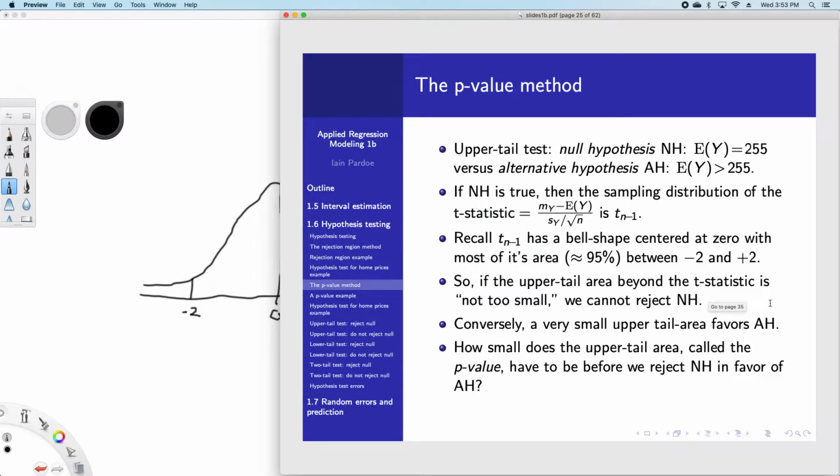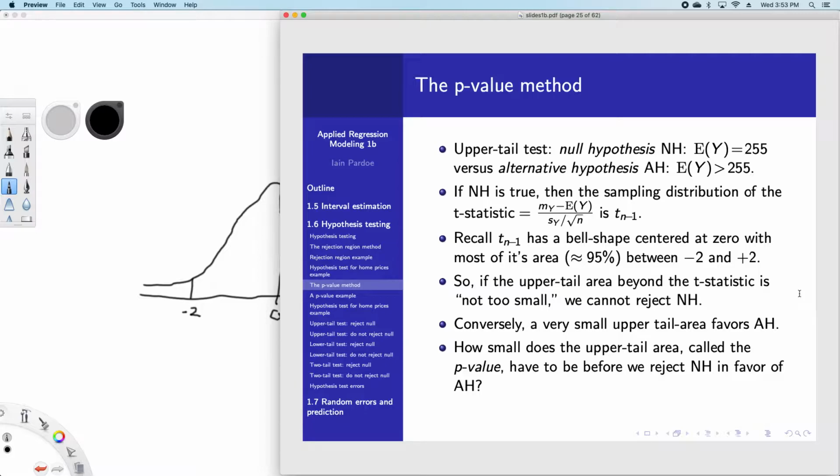And in this case, we are going to think about the tail area beyond the test statistic. And the idea is that if that test statistic isn't too far from zero, then that upper tail area beyond it won't be very small, it'll be relatively large, and that will lead us to being unable to reject the null hypothesis.